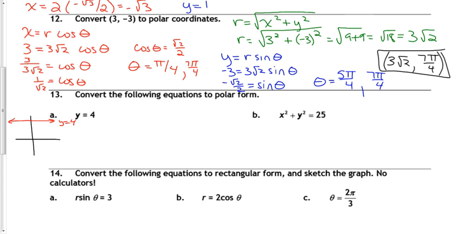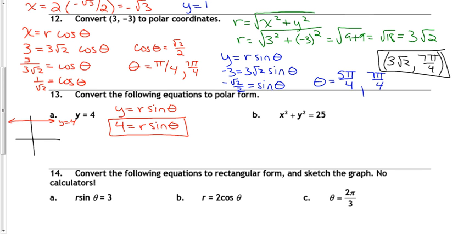So, okay, polar is going to have an r in it and a theta in it. So I know that y is equal to r sine theta. Well, I know what y is in this case, and it's 4. So 4 is equal to r sine theta. That is the equation in polar form.